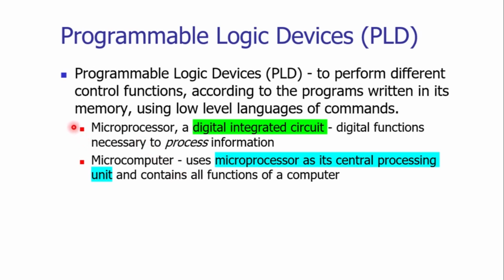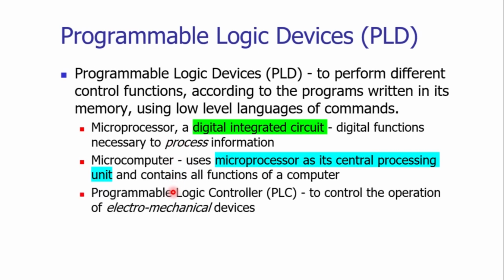So here you must note the difference between the processor and a computer. A processor is a simple circuit while a computer is a system. It has a processor as the CPU, central processing unit. The third PLD, which is very widely used and very important as far as the automated system is concerned, is the PLC, that is the Programmable Logic Controller.